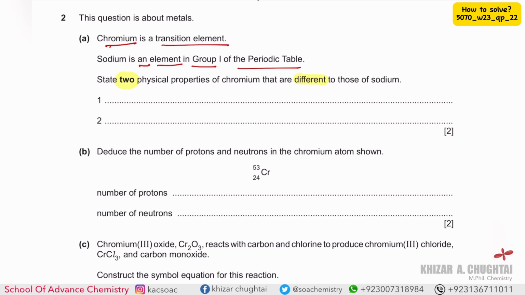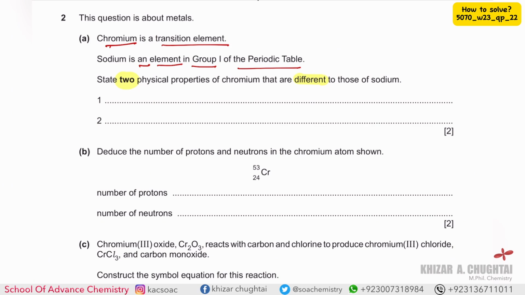So number 1, transition elements are hard. They have high density. They are hard, malleable, they have high density, and they have high melting and high boiling points.